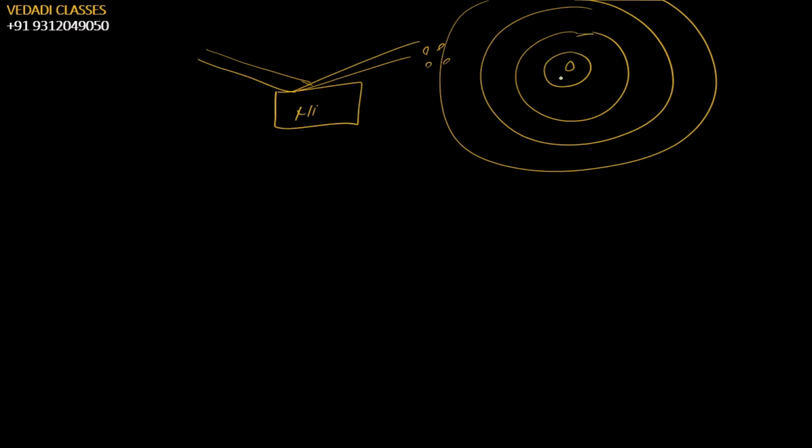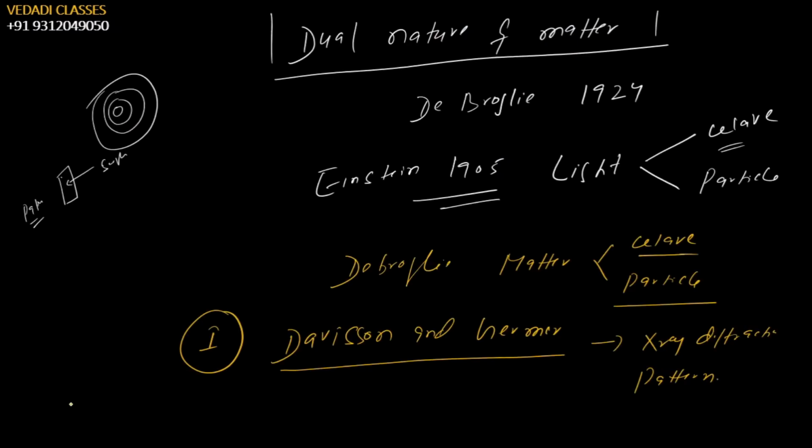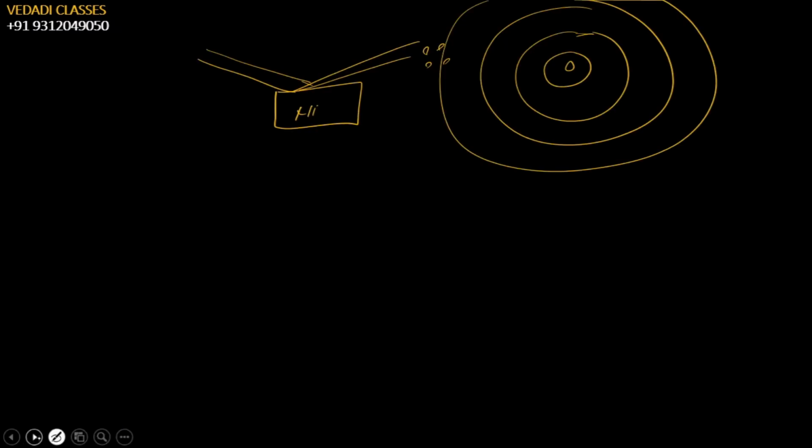With the help of this concentric circle, he proved that the same pattern observed in the case of light is also observed in the case of electrons. Because the electron gets ejected, this electron shows a concentric circle pattern. So it proves that matter has a wave character.